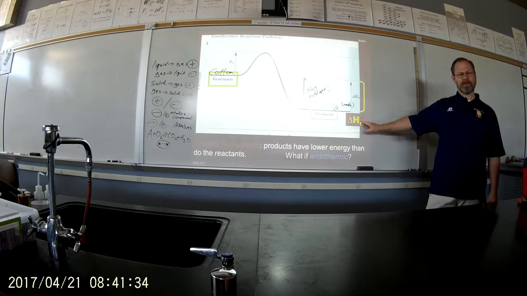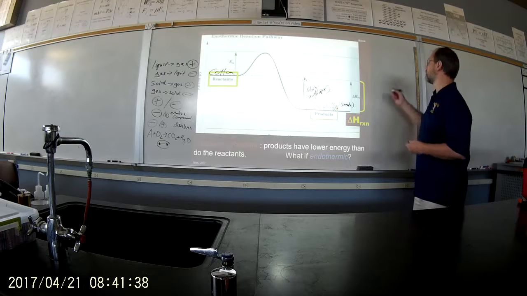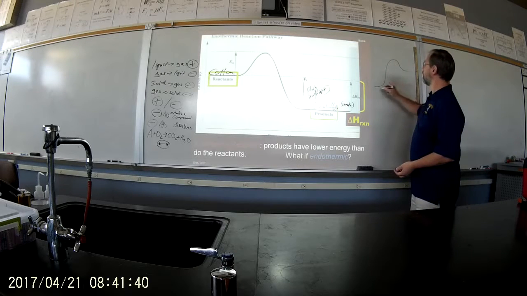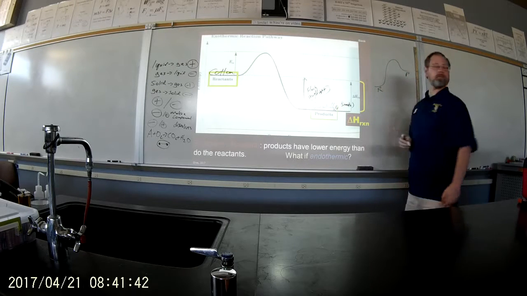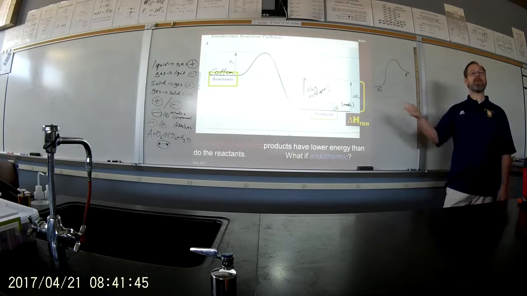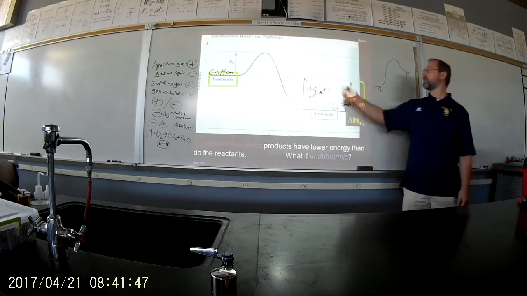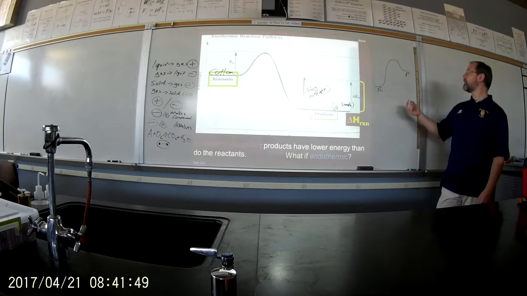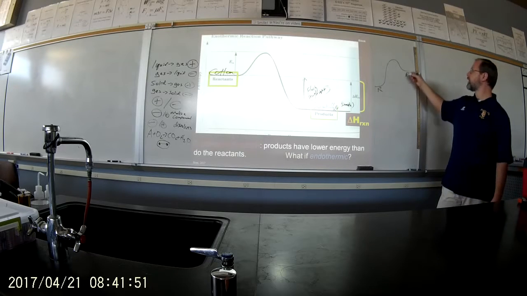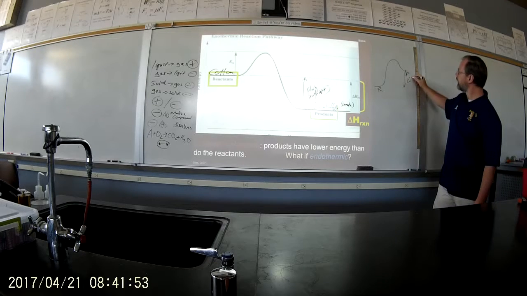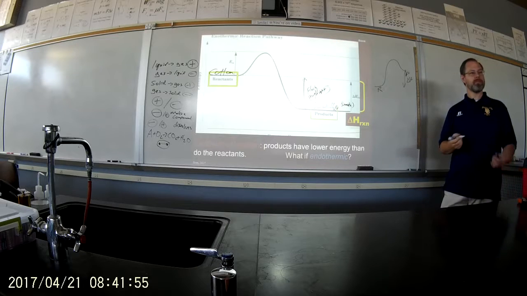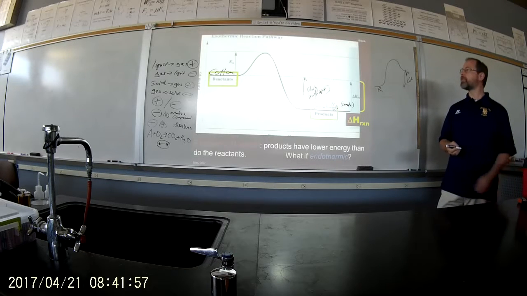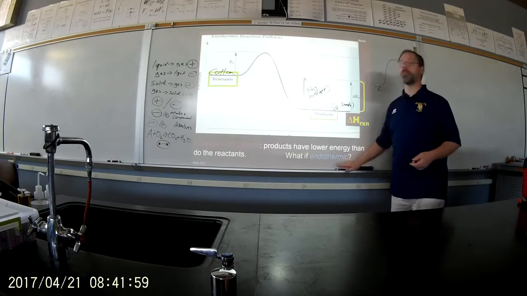Does that idea make sense? If it's endothermic, you're going to get something that looks like that, where the reactants are lower than the products. This is an exothermic process where the products are lower than the reactants. If it's endothermic, then you need to keep giving it energy, and this is going to be your delta H. Make sense?